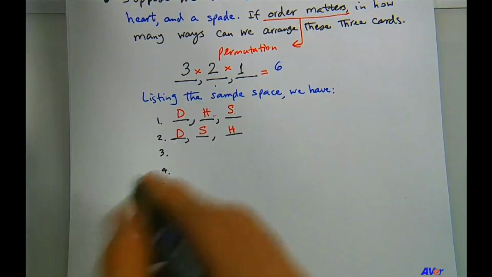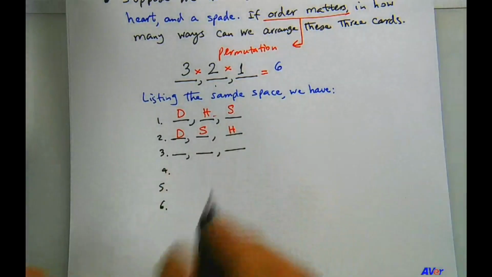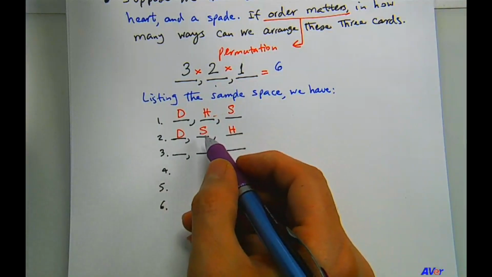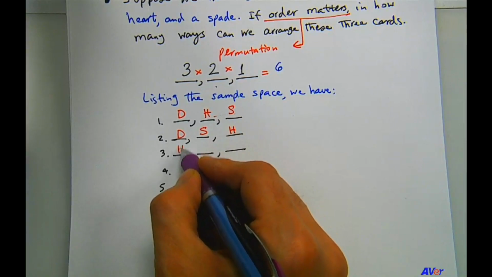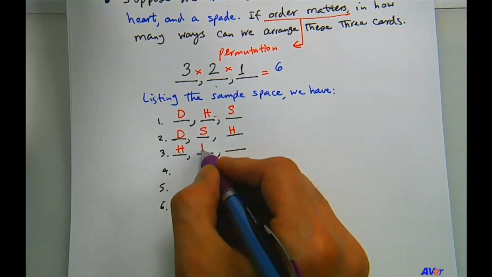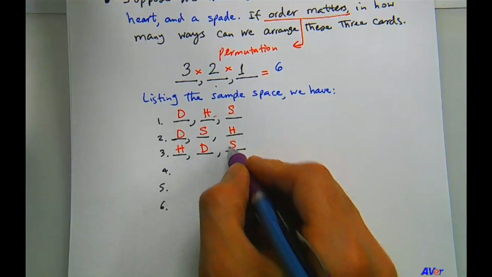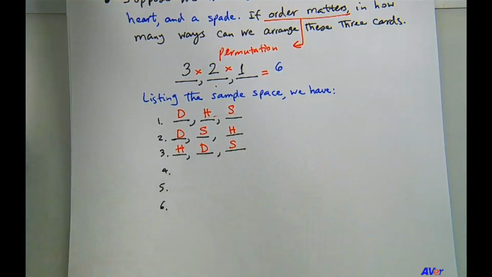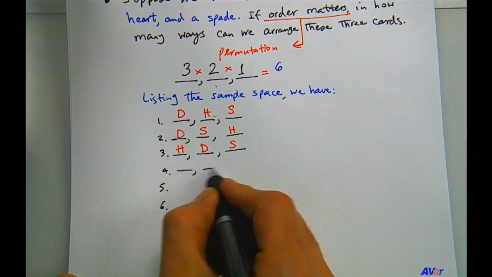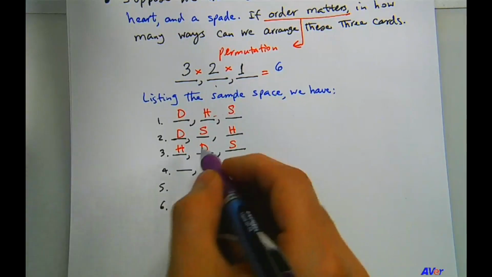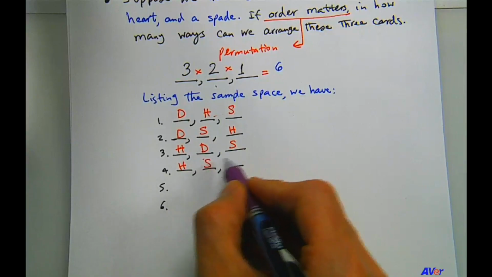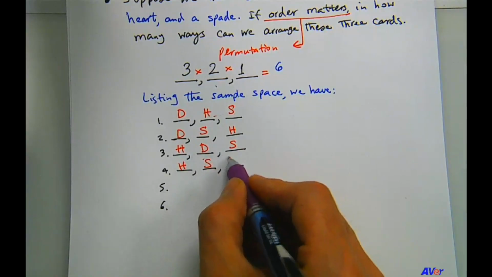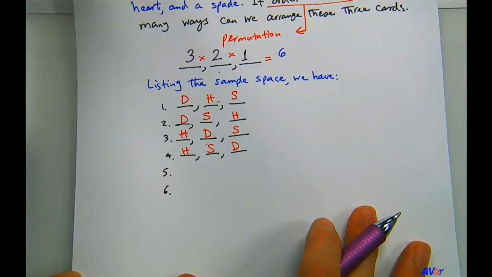A third permutation would be if we replace the first spot with the heart card, put the diamond in the middle, and the spade last, right? And that's the third permutation. The fourth permutation would be keep the heart card here, put the spade here, and put the diamond in the last spot, right?